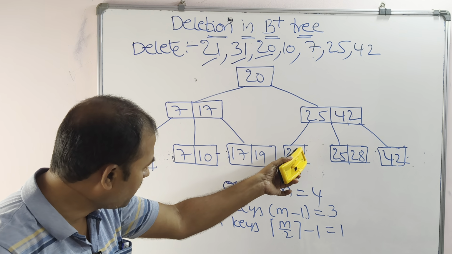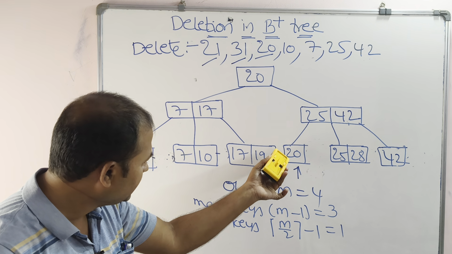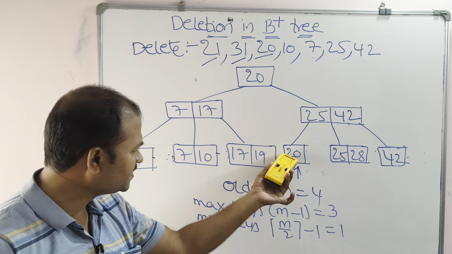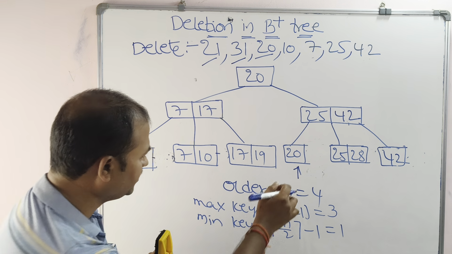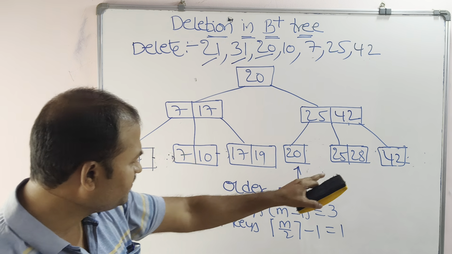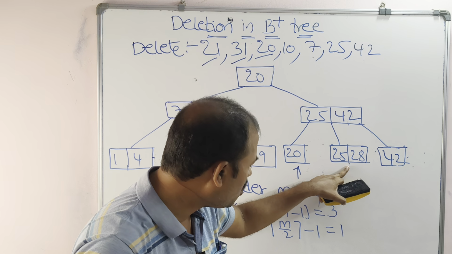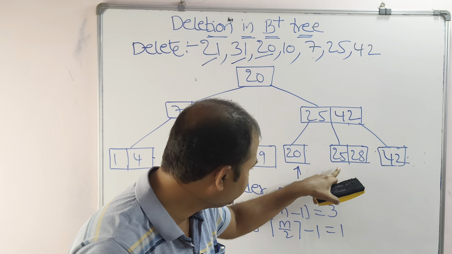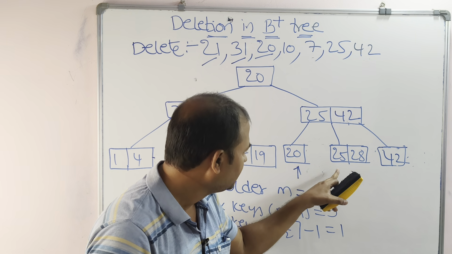So we have to borrow a key from the left sibling or right sibling. Unfortunately there is no left sibling for this node, but we have a right sibling. So we have to find the minimum value of the right sibling.